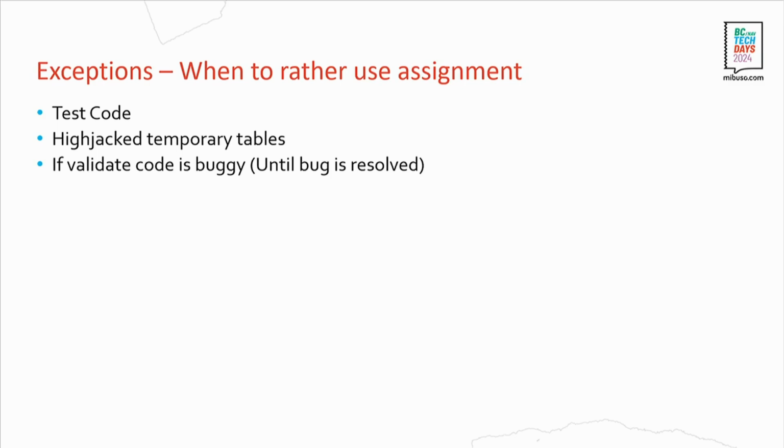And you really should consider whether or not you really need a hijack temporary table, or if a new temporary table, one you create on your own, suffices in this scenario.